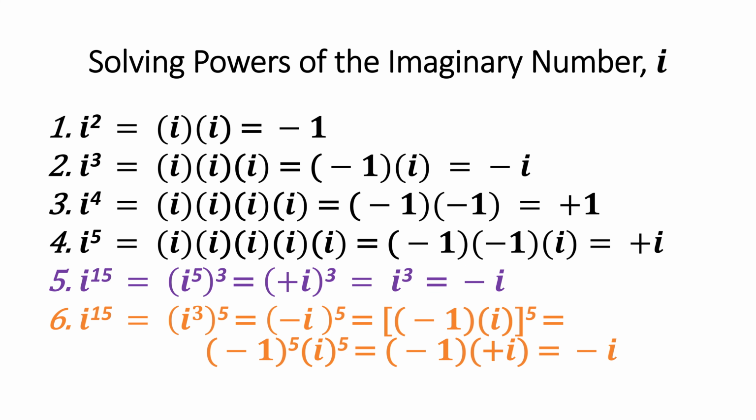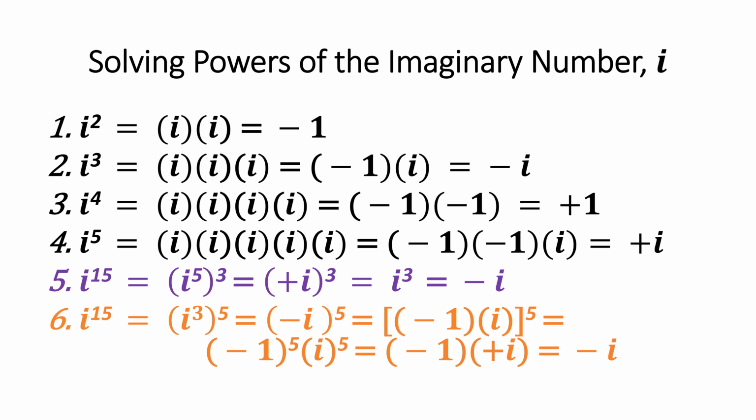We need to factor out the negative 1. So now we have negative 1 multiplied by i, which are both raised to the 5th power. Now we use the distributive rule, where we distribute the 5th power to each factor. So now we have negative 1 raised to the 5th power multiplied by i raised to the 5th power.